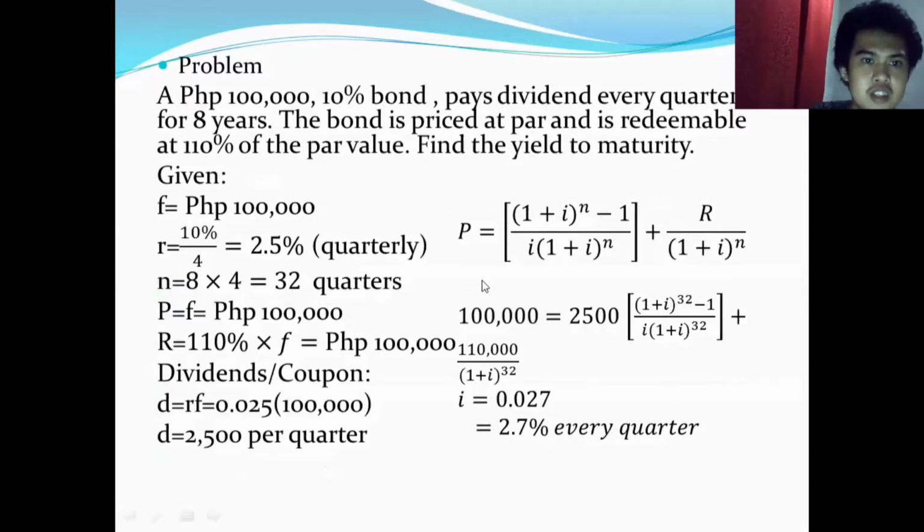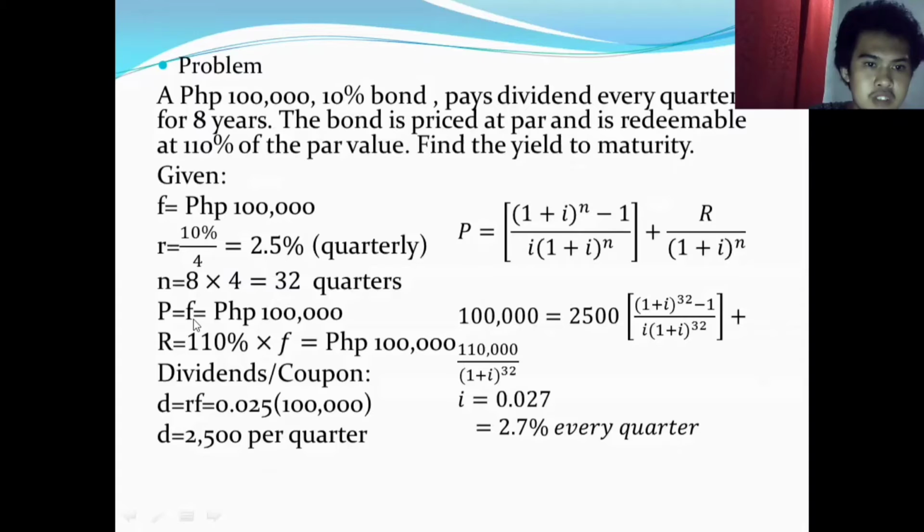So, problem. A 100,000 peso, 10% bond pays dividends every quarter for 8 years. The bond is priced at par and is redeemable at 110% of the par value. Find the yield to maturity. So this is the given: F equals 100,000 pesos, and r equals 10% over 4 equals 2.5% quarterly. n equals 8 times 4 equals 32 quarters.